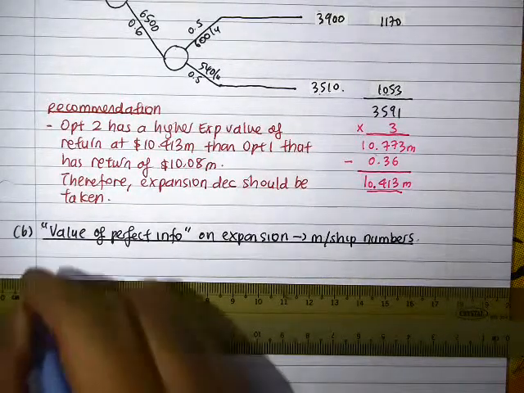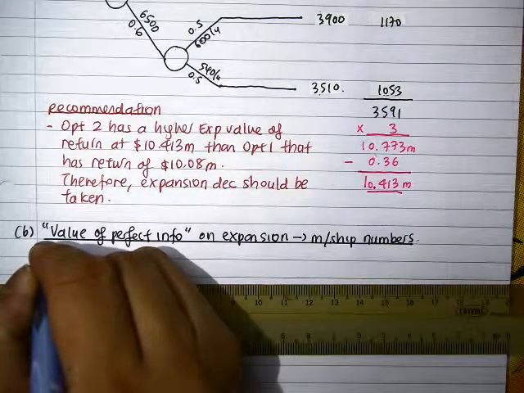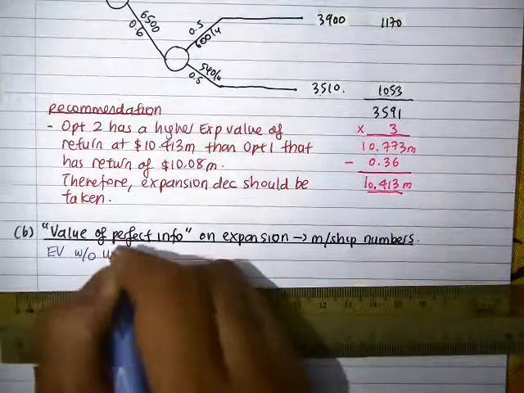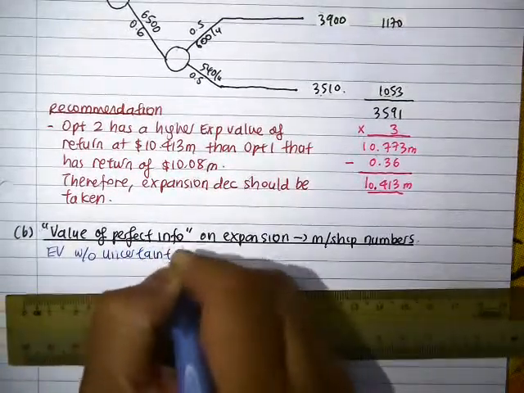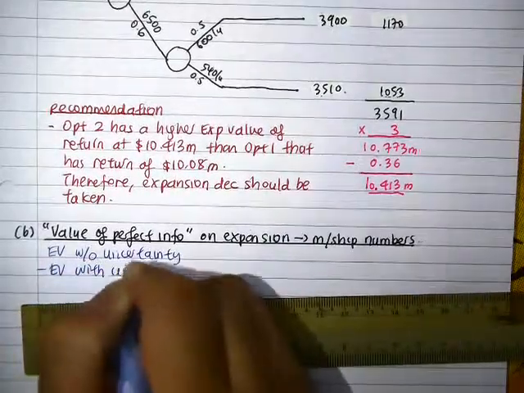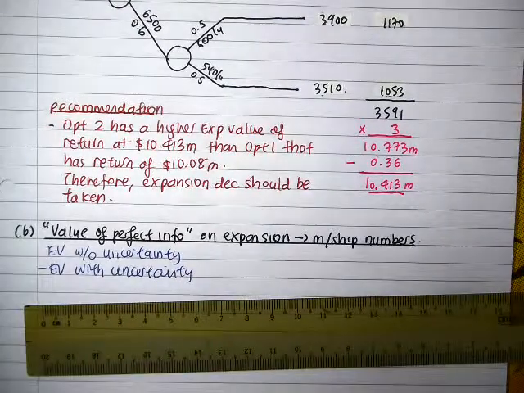You take what minus what? Expected value without uncertainty minus expected value with uncertainty. Now the expected value with uncertainty is the expected value now, whatever you're doing right now, which is 10.413, correct or not?